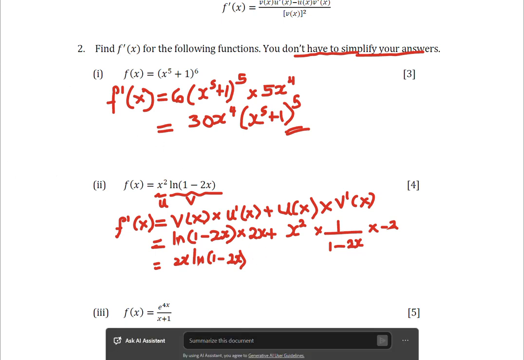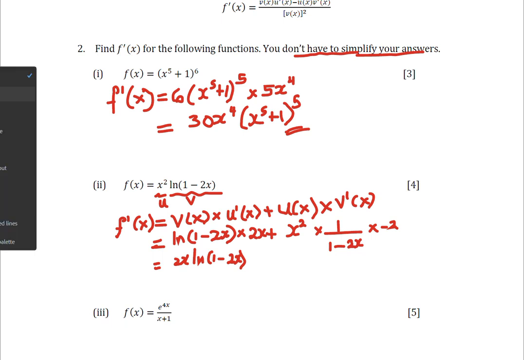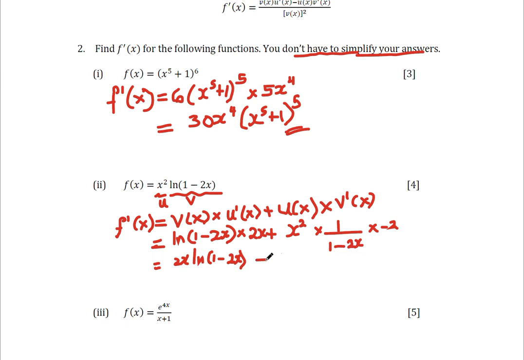So we could just write this in its simplest and most direct form as negative 2x squared divided by 1 over 2x. And we're going to leave it right there. Okay? So that's a simplified version of the answer.